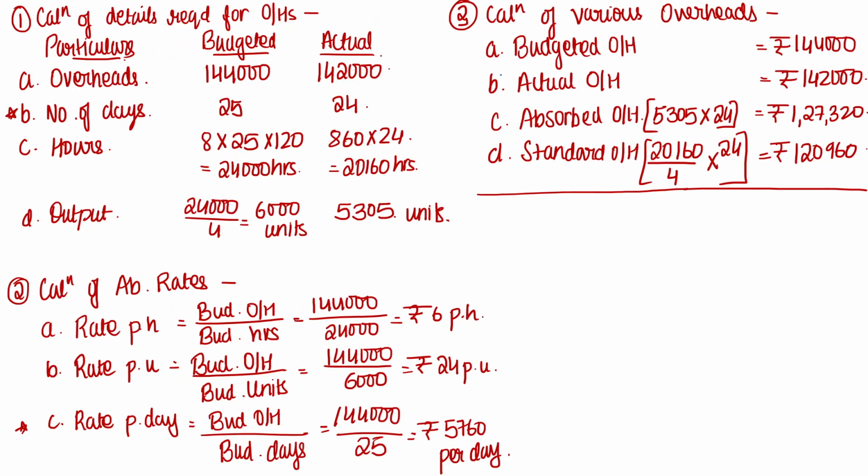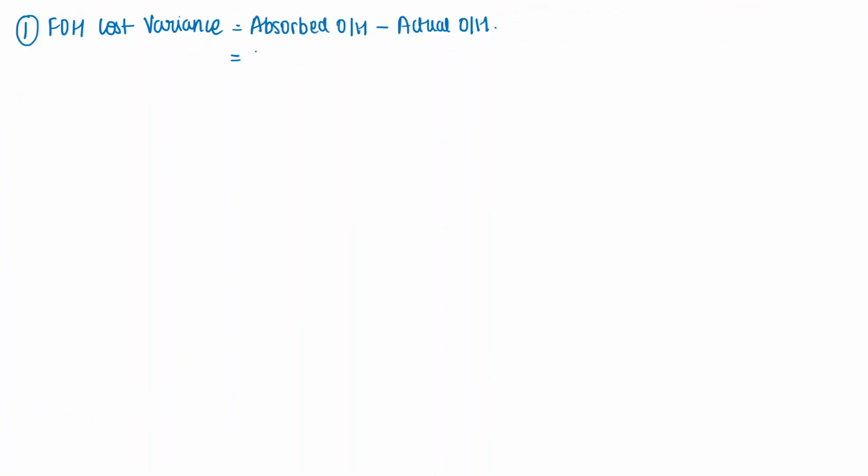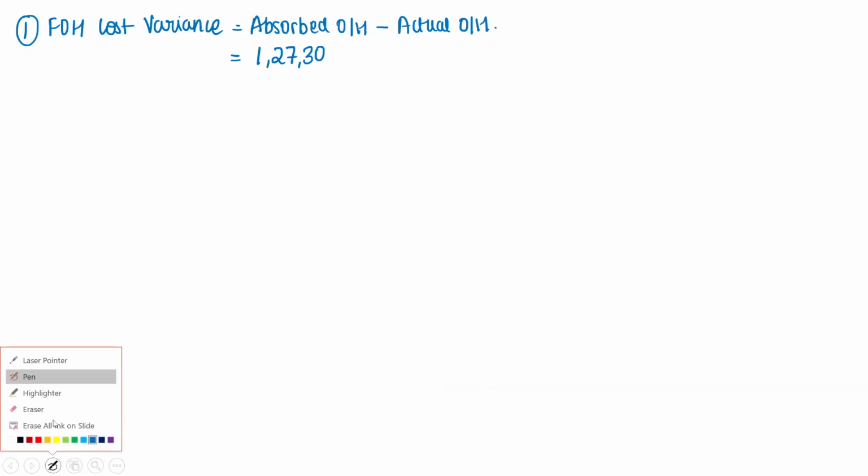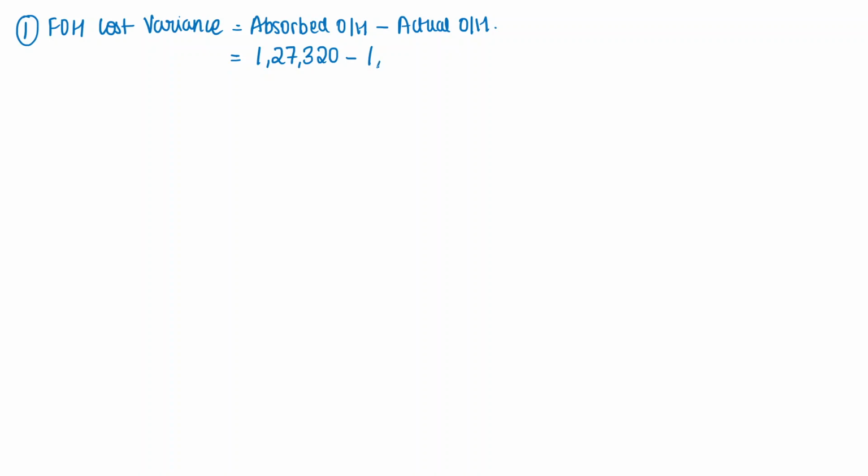Absorbed overheads is how much? 1,27,320. 1,27,320 has come to my pocket. I absorbed it from the units. And actual is 1,42,000.